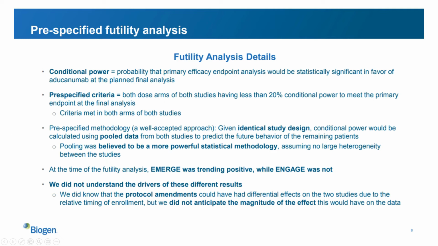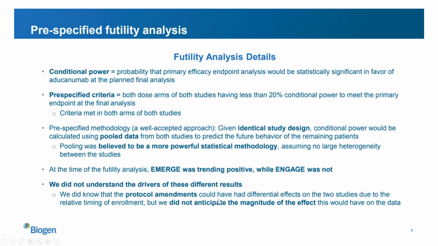However, the issue arises when they say they used pooled data from both studies to do the calculations. This is only appropriate if the studies are identical. You can get more statistical power if you pool studies, and you're able to pool them if they're basically identical. But because the timing of the protocol amendment in relation to study start was different between EMERGE and ENGAGE, the studies are not identical. And they knew that when they implemented this protocol amendment.